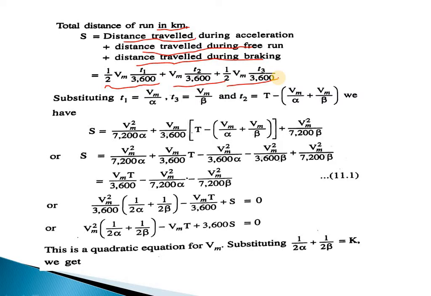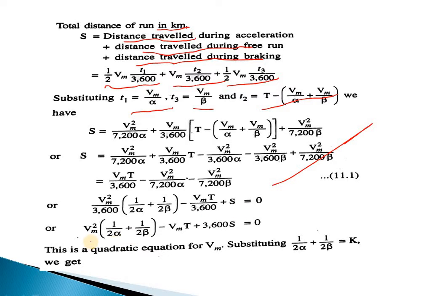Now we will substitute the values of T1, T2 and T3 in the distance calculation. We substitute T1 equals Vm by alpha, T3 equals Vm by beta, and T2 equals T minus (Vm by alpha plus Vm by beta).